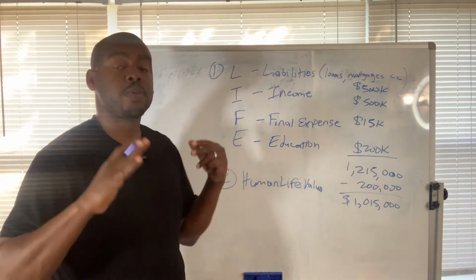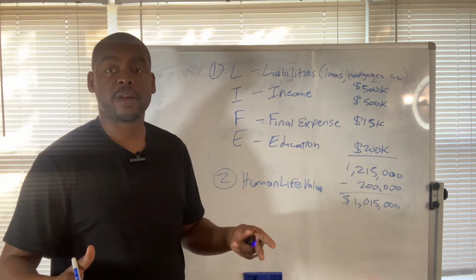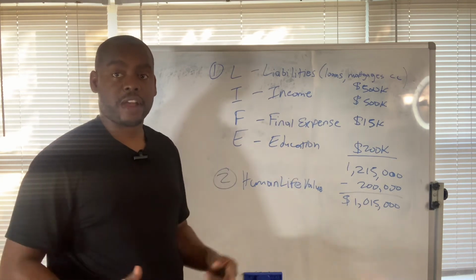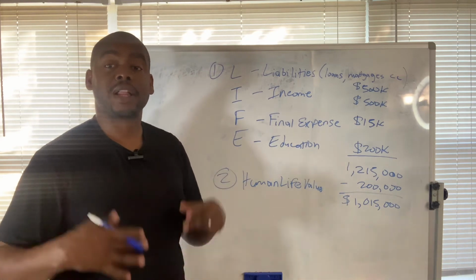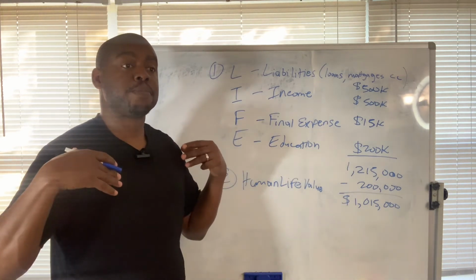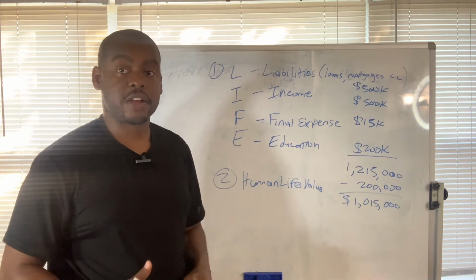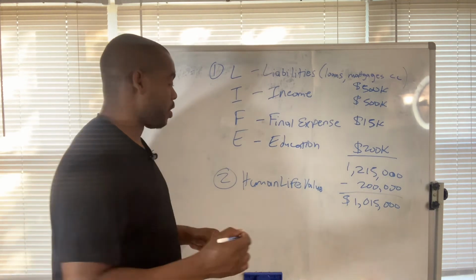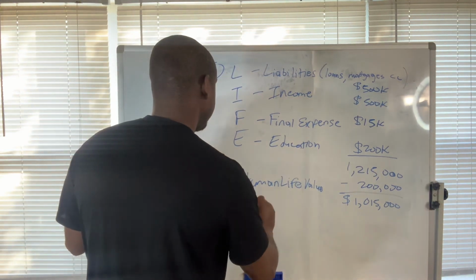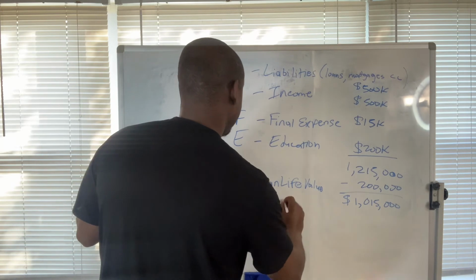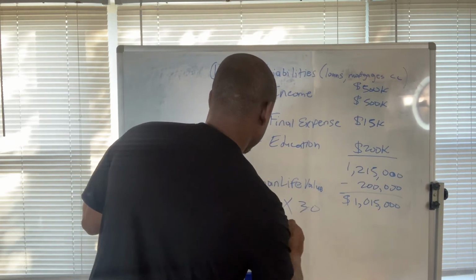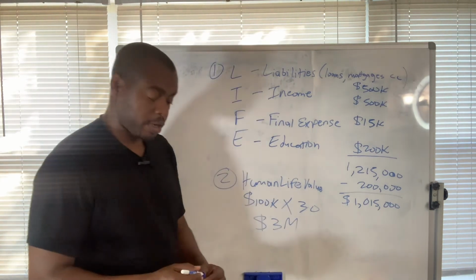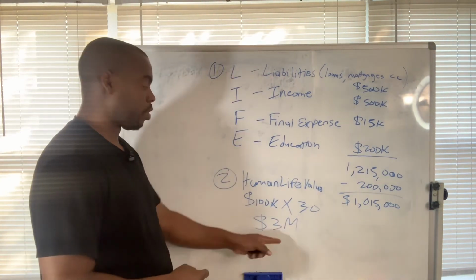Let's say you make 100,000 a year, right? And you're a 35-year-old. At 35 years old, an insurance company will allow you to be insured for up to 30 years of your income. So therefore, 100K times 30, that insurance company will allow you to be insured up to 3 million.